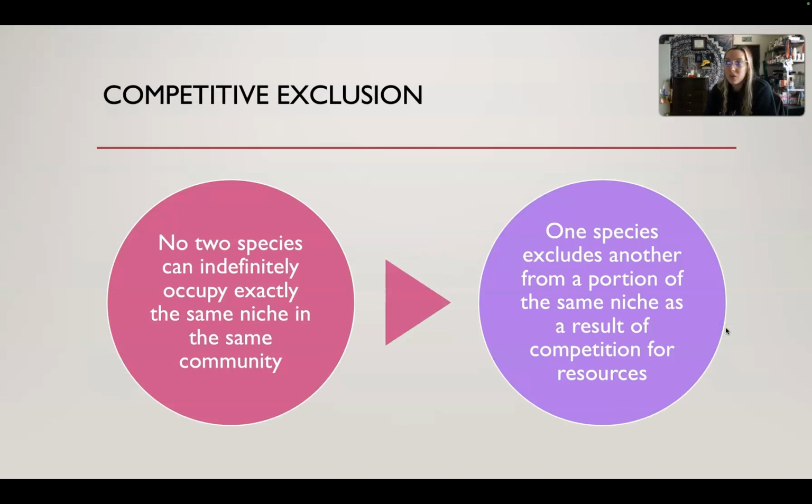And then there's also this idea of competitive exclusion. So no two species can indefinitely occupy the exact same niche in the same community. So that means then that one species excludes another one from a portion of the same niche as a result of competition for resources.